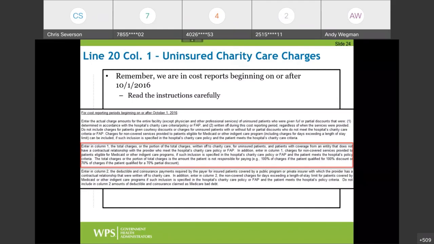And let's see, a non-Medicare bad debt, what if it relates to a deductible or co-insurance? You make a very good point here, and that's an argument that was actually made, if it wasn't last year, it was the year before.